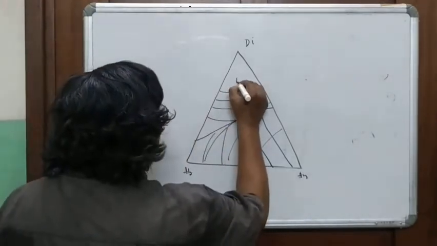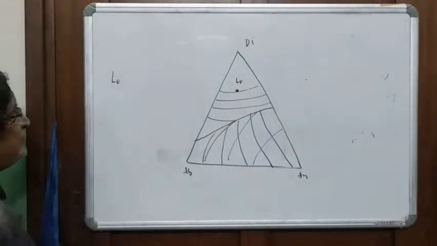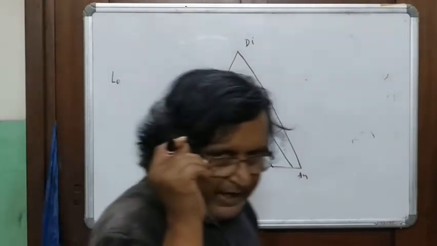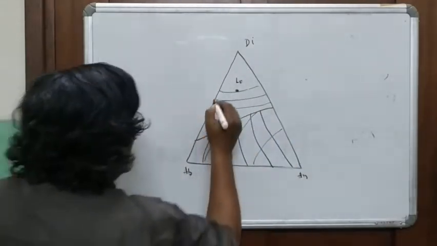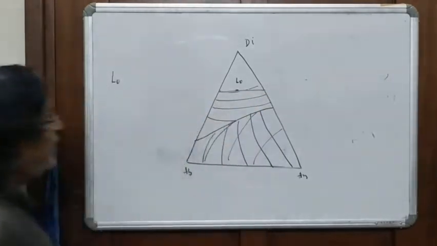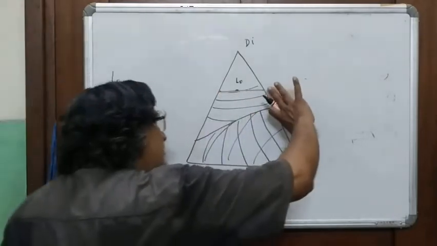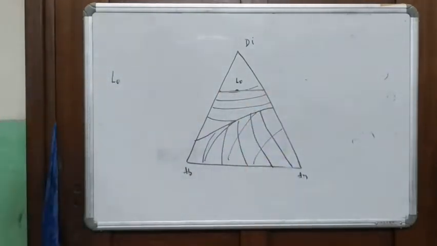Now let's say we take this point, say we start crystallizing. Let's say we have this point L0. Now what is L0? This is a melt, L0. Now I draw a horizontal line, L0. So this is the proportion of diopside.